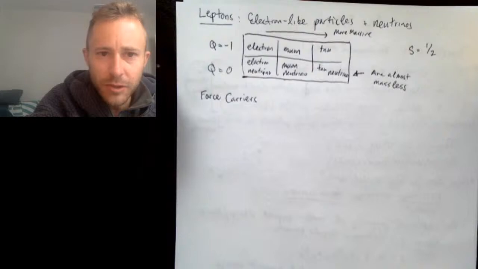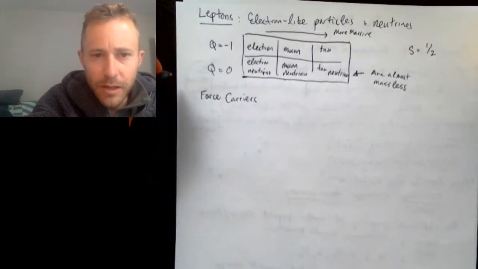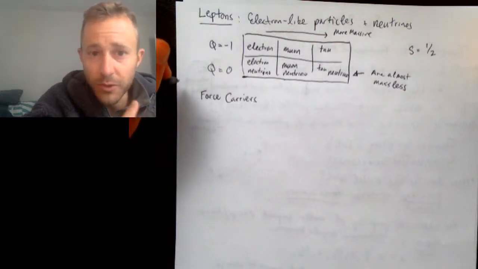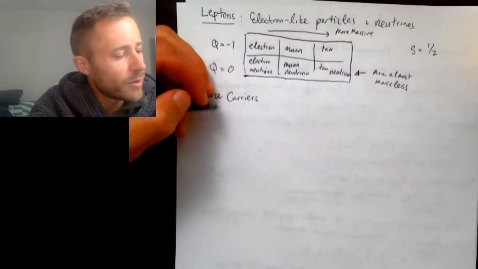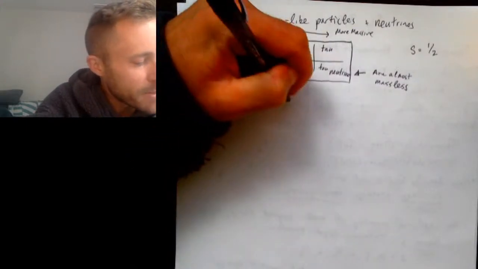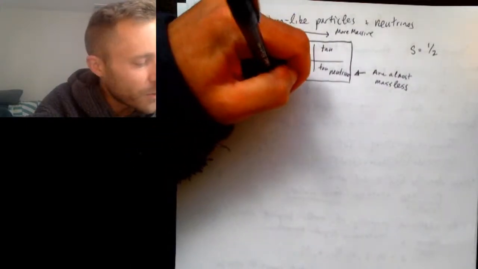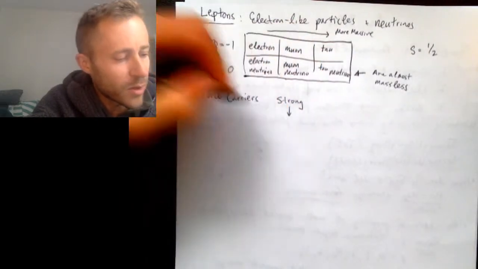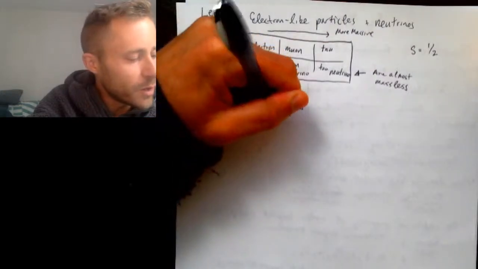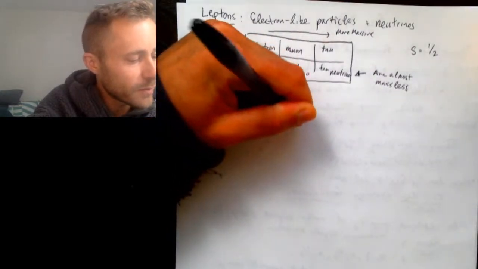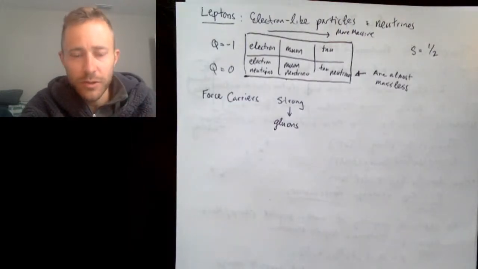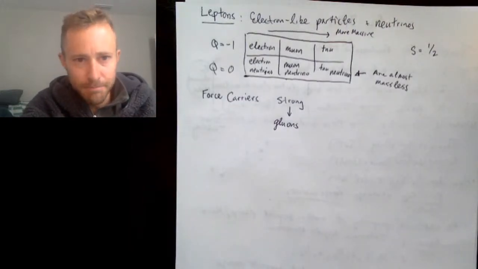And as I mentioned, each force carrier has its own force that it's carrying. Okay, so for the strong force, you have what are called the gluons. So the carrier for the strong force is called a gluon.